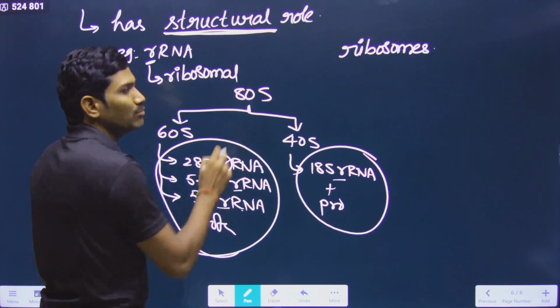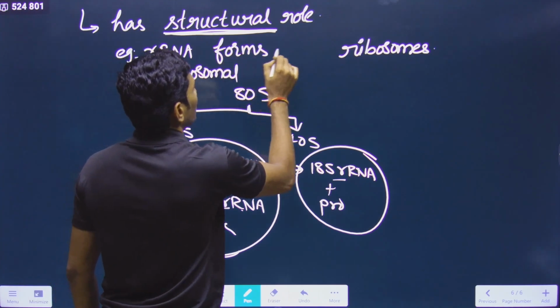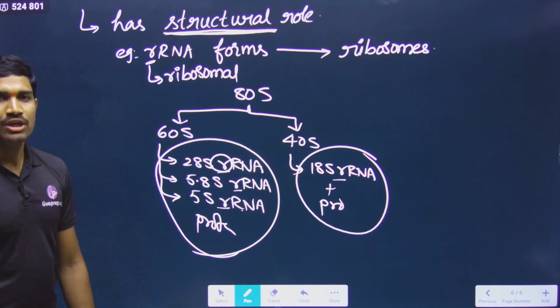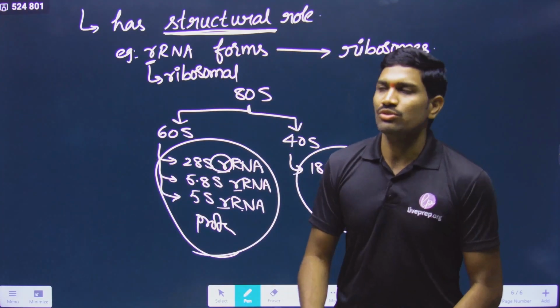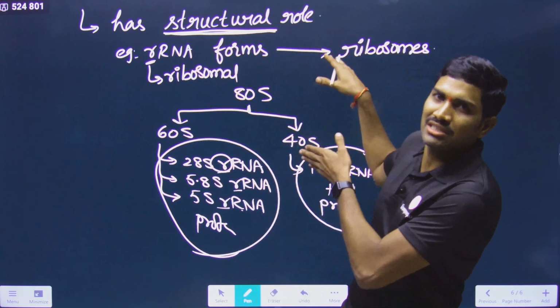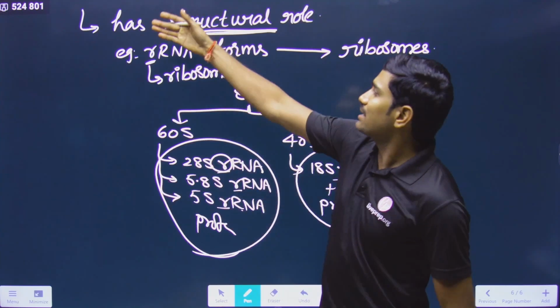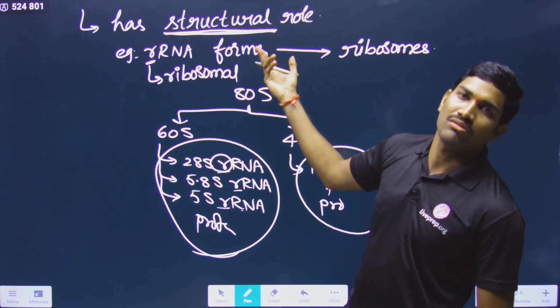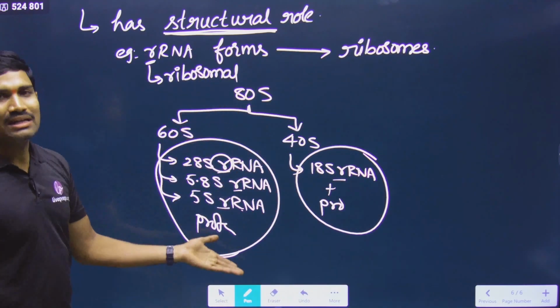Why is it called ribosomal RNA? Because rRNA forms ribosomes. So for the formation of ribosomes these rRNAs are needed. In this way, RNA is forming structures called ribosomes. That's why we say that RNA has a structural role, and that RNA is rRNA. This is for the 80S ribosome.